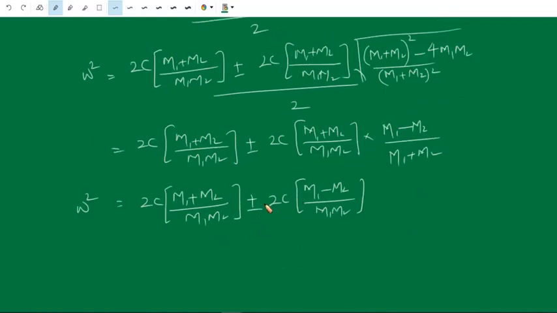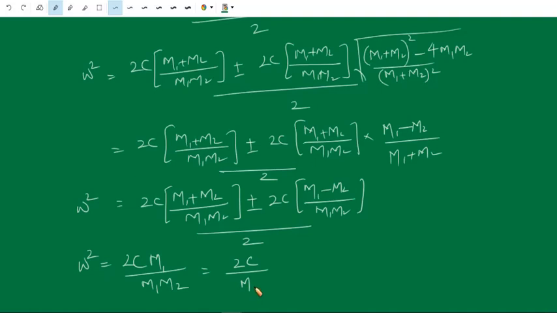So here also we have two values for omega square corresponding to the plus term and the negative term. Therefore omega square is equal to 2c(m1 + m2)/m1m2 plus 2c(m1 - m2)/m1m2. Okay, there is this divided by 2 term as well. So 2c m1 by m1m2 becomes 2c divided by m2.